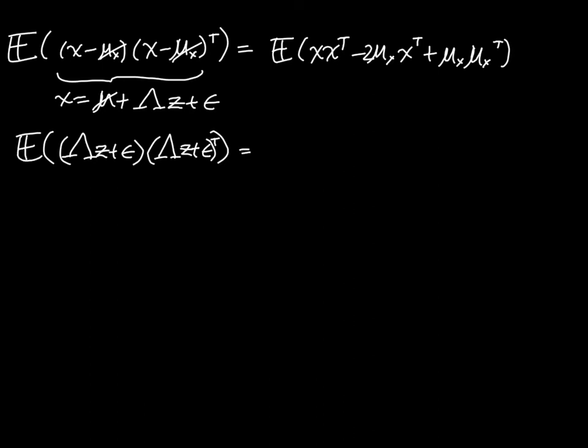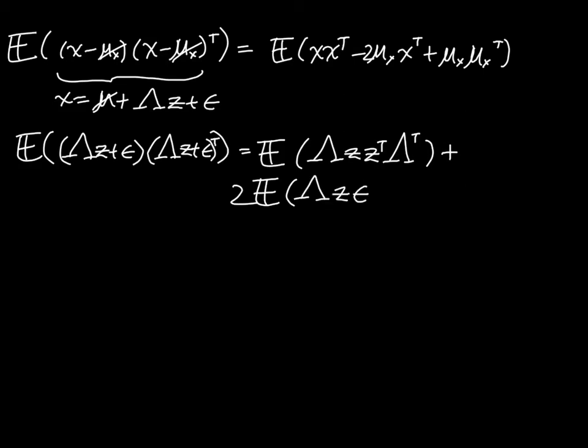And this, you do FOIL again, and you get a simpler term because now you know what the variance of these things are. So you get lambda z z transpose lambda transpose, plus 2 E of lambda z epsilon transpose, plus E of epsilon epsilon transpose, right? Now this cross term is actually pretty easy because we just saw that this is the same as E of z epsilon transpose.